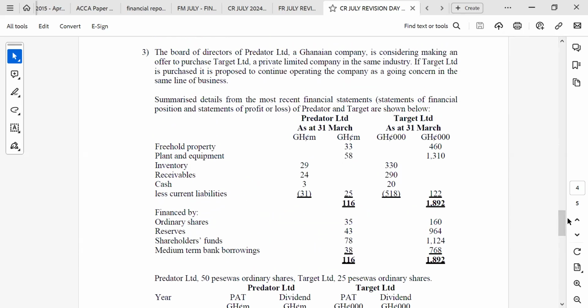Okay, so let's pick the question number 3. So let's use the first method.